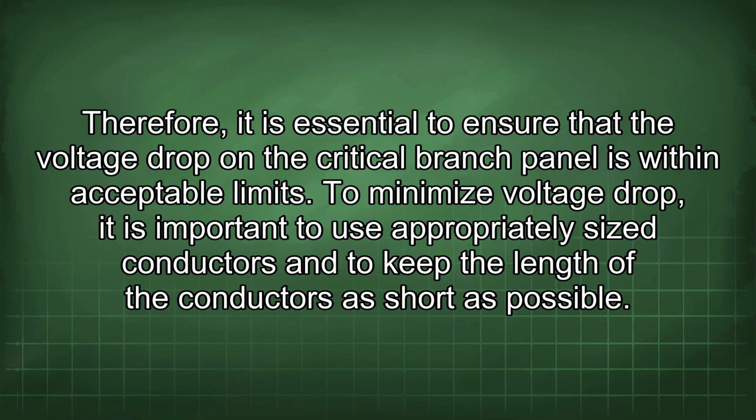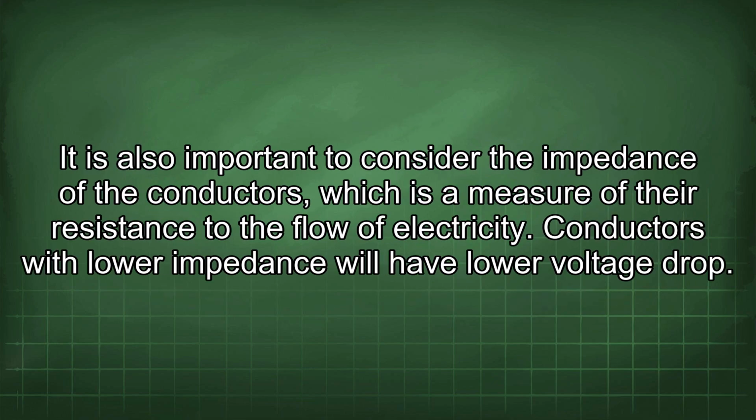To minimize voltage drop, it is important to use appropriately sized conductors and to keep the length of the conductors as short as possible. It is also important to consider the impedance of the conductors, which is a measure of their resistance to the flow of electricity. Conductors with lower impedance will have lower voltage drop.